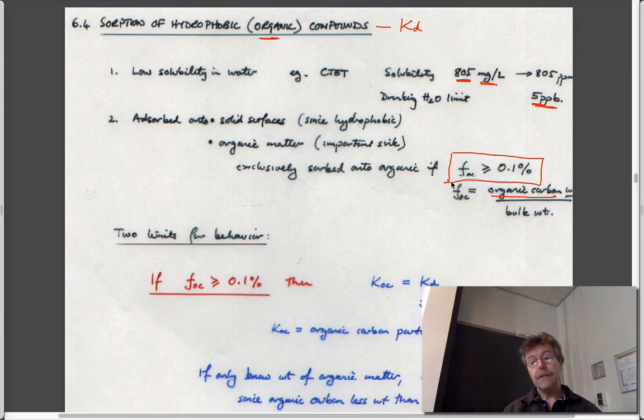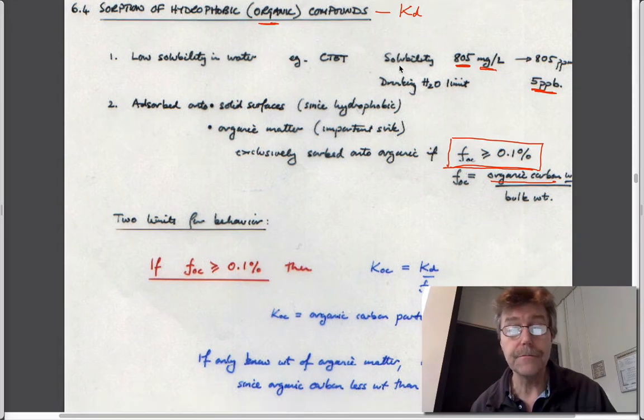If the amount of carbon in there is very small, then the method that we'll use basically assumes that the stuff doesn't sorb onto anything else. And in reality, it does sorb onto the grains, onto the quartz and the clays in the system. And so if we're ignoring the fact that it sorbs onto those grains and that the organic carbon is very low, presumably the value for sorption that we'll get will completely underestimate the amount which is sorbed.